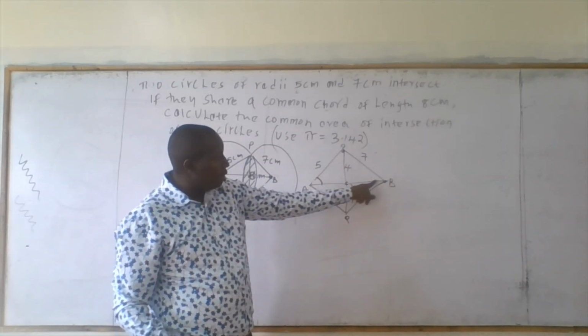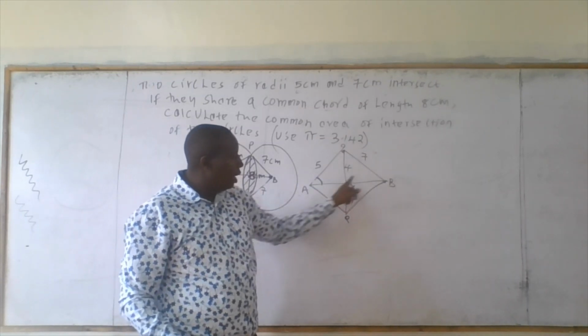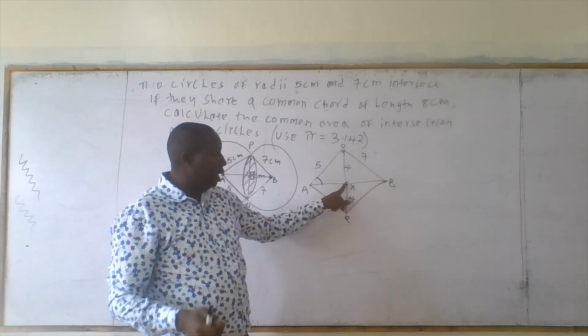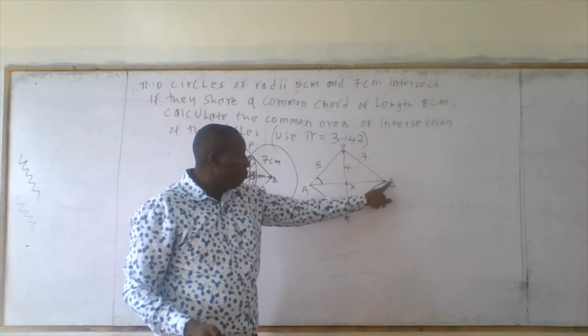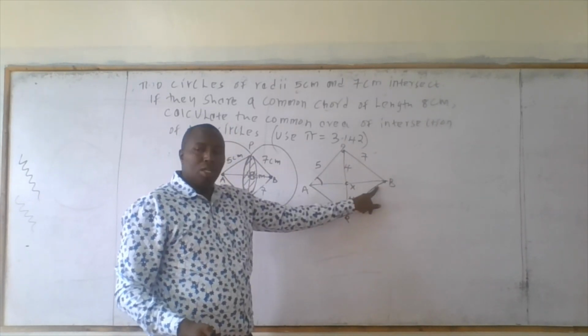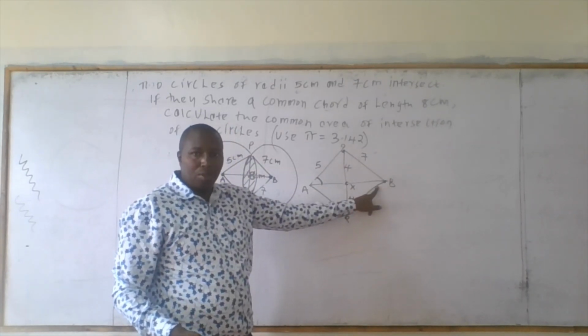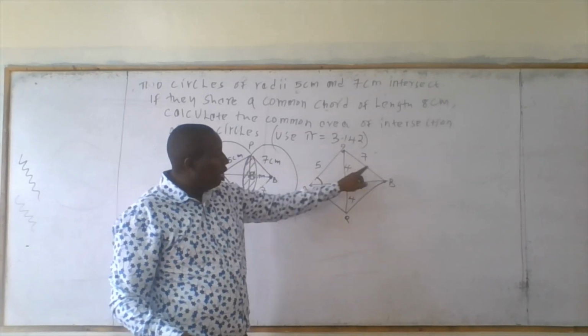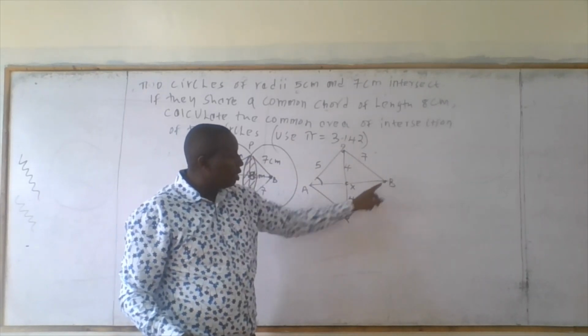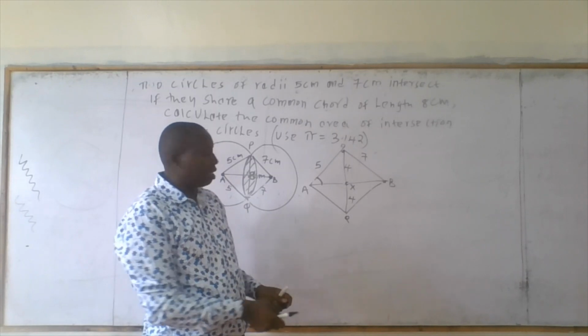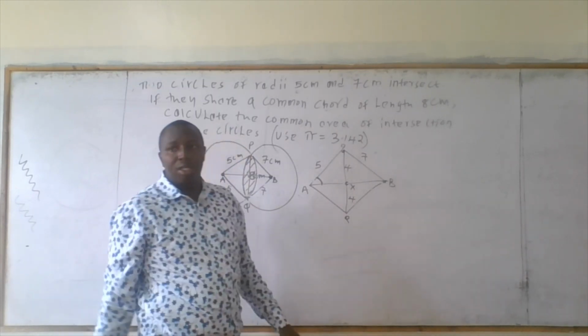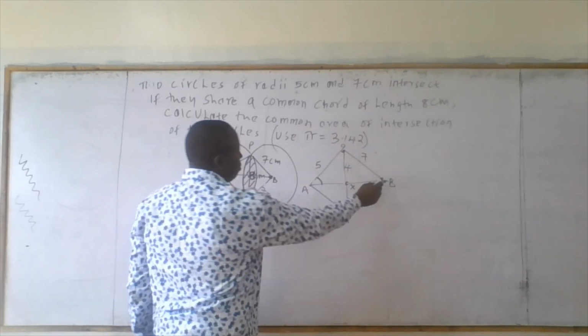In the same case, you find angle PBX, and once you find PBX you already have angle QBX; then you multiply by 2. So the line joining the two centers bisects the two angles.